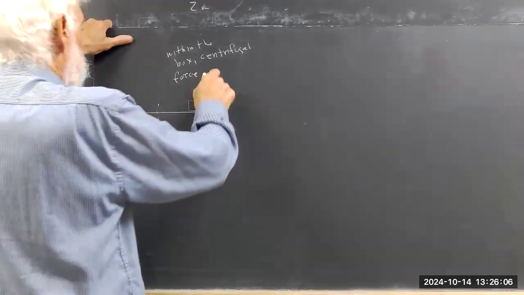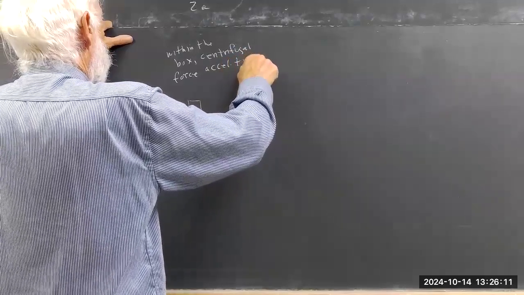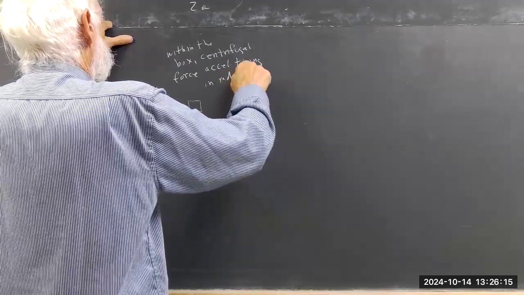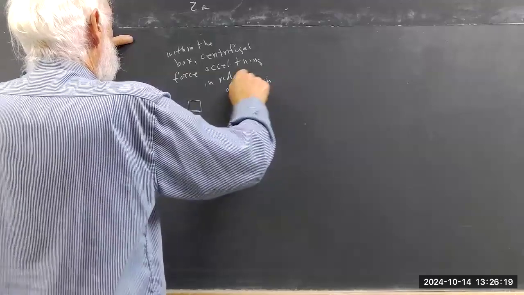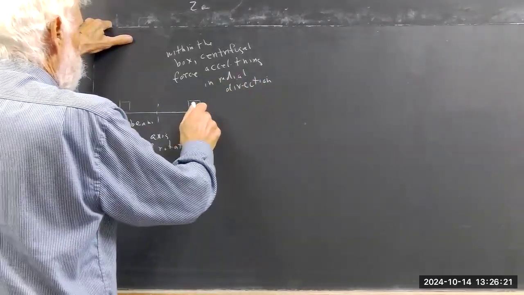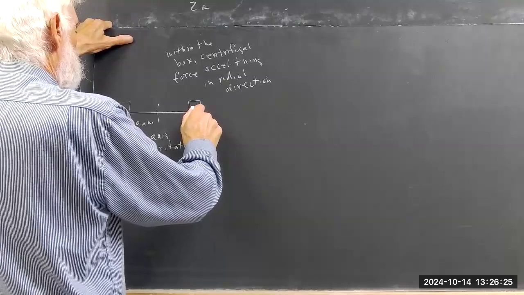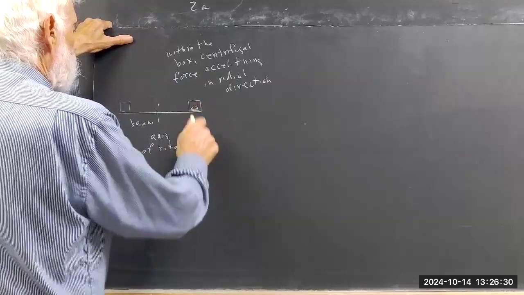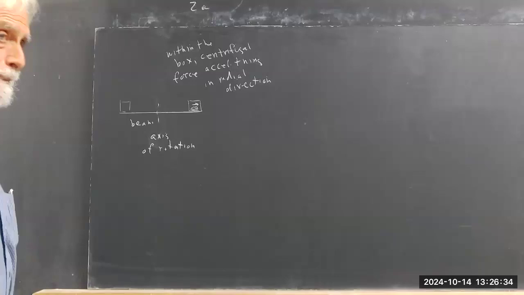Centrifugal force accelerates things in the radial direction. So if you've got a car parked here, it's going to get accelerated that way, it's going to crash into this wall.